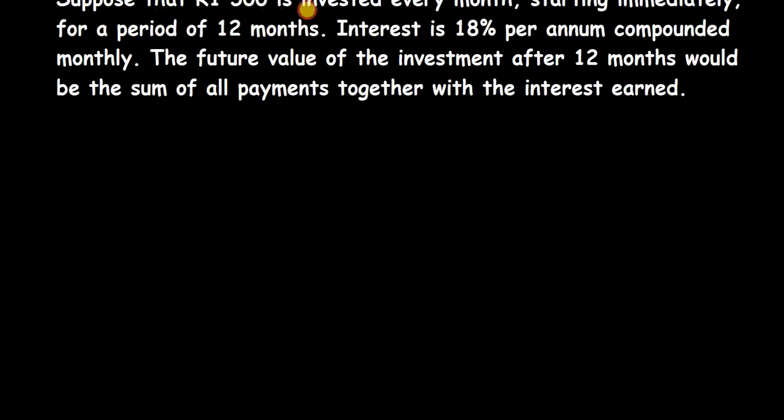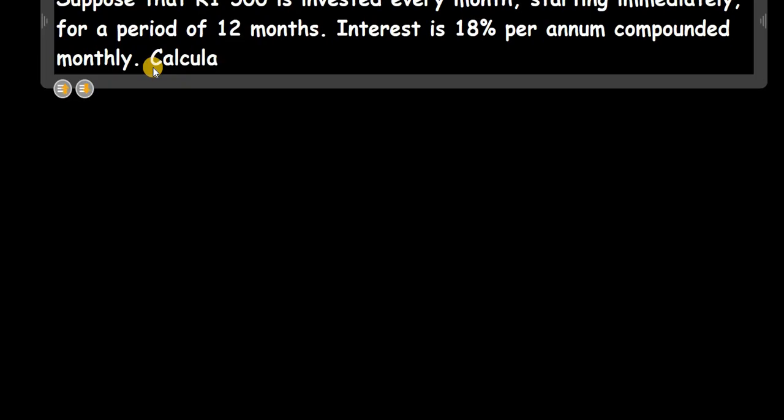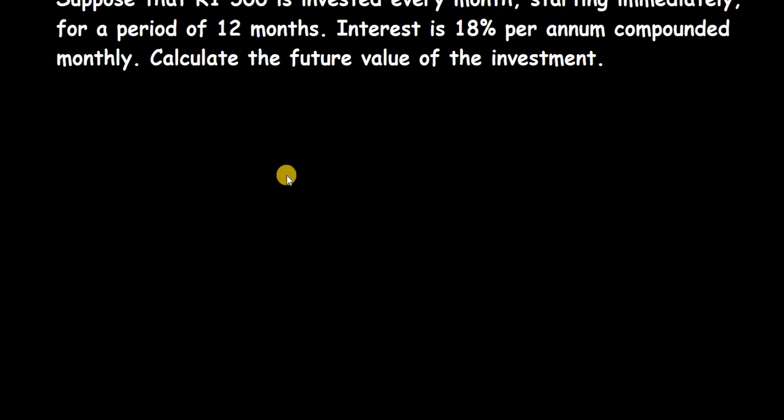Suppose that 1,500 is invested every month, starting immediately for a period of 12 months.